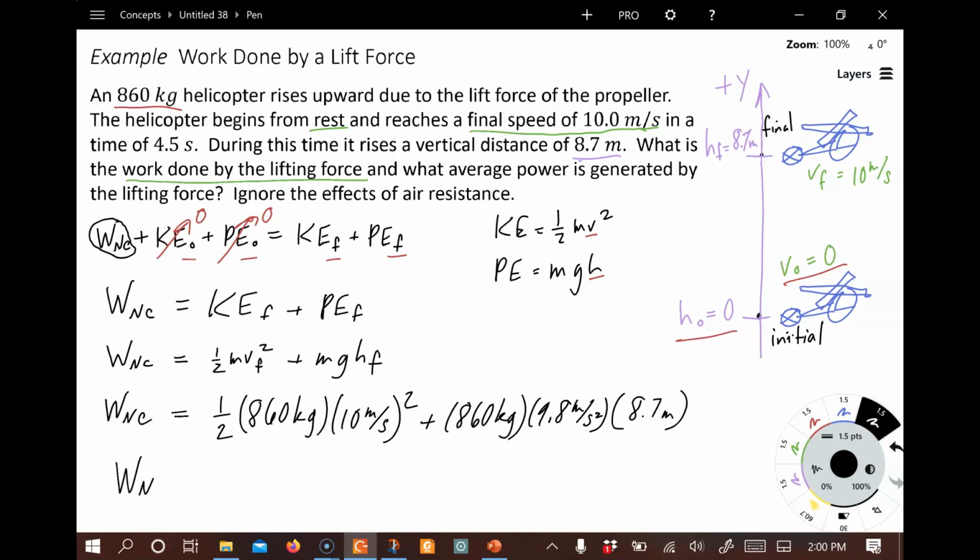Plugging this all in, we're going to get an answer. It's going to be positive. This is a propulsive force. It adds energy to allow the helicopter to speed up against gravity. And the answer we get is this: 1.16 times 10 to the 5th joules of work.